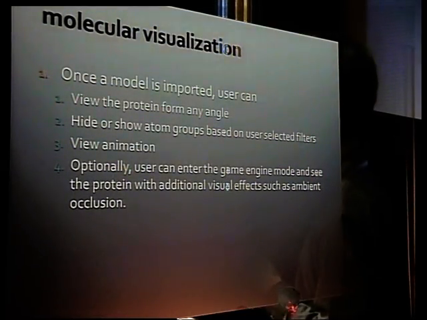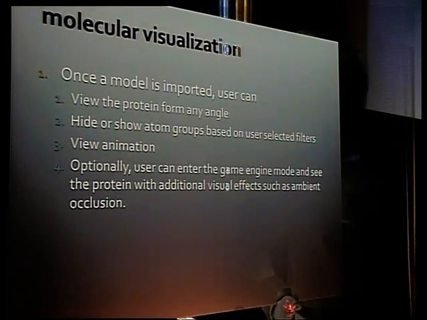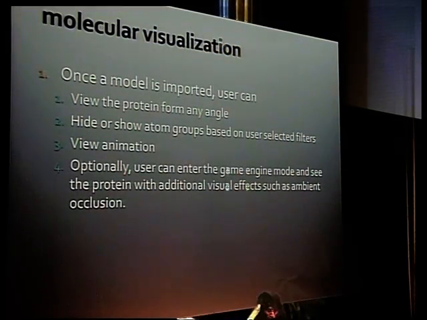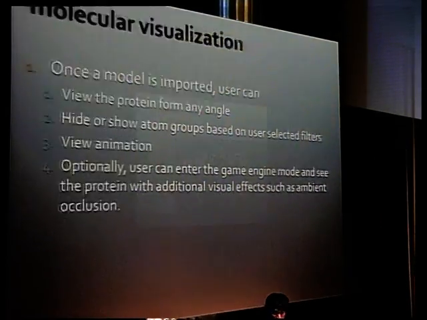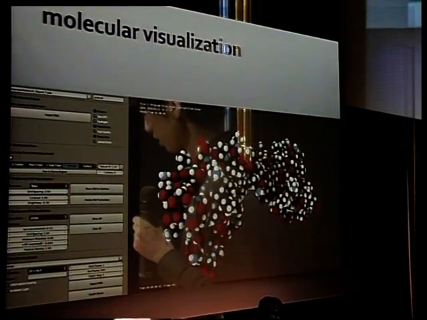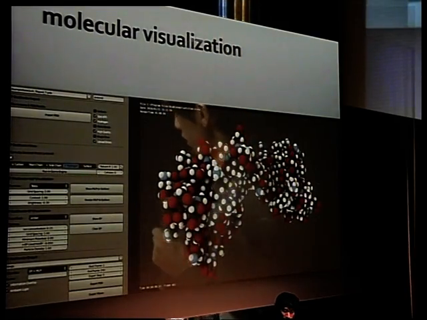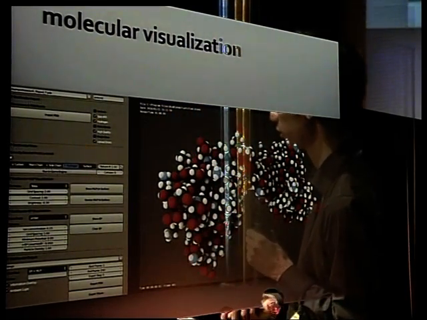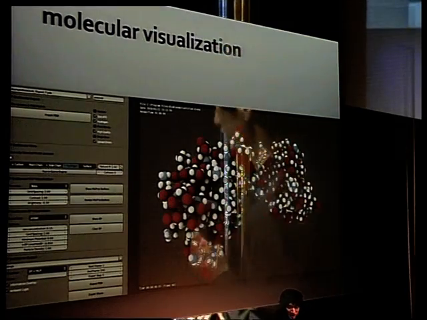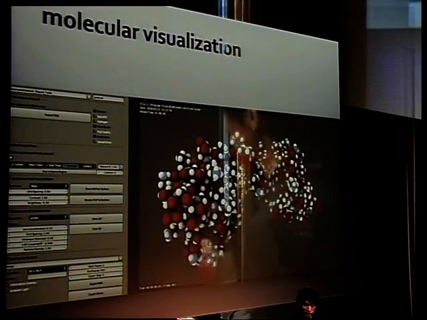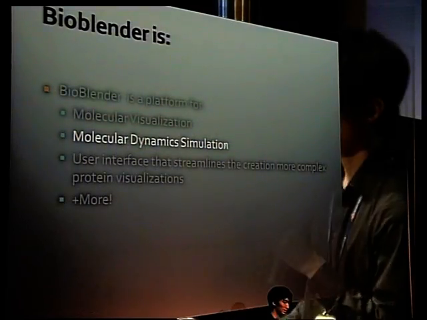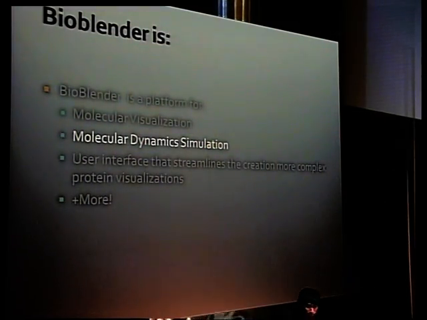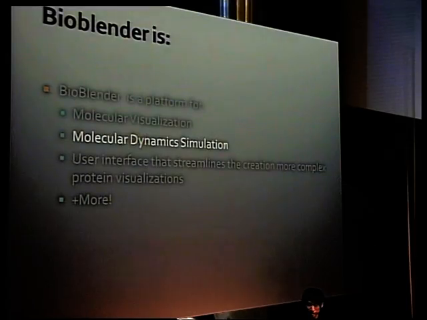You can rotate around, view it from different angles. And in fact, you can go into the game engine to simulate the physics. So this is sort of what it looks like. This is a rendered output, so it looks slightly better than the quality from the viewport. But I will do a live demonstration of this after I finish the talk.